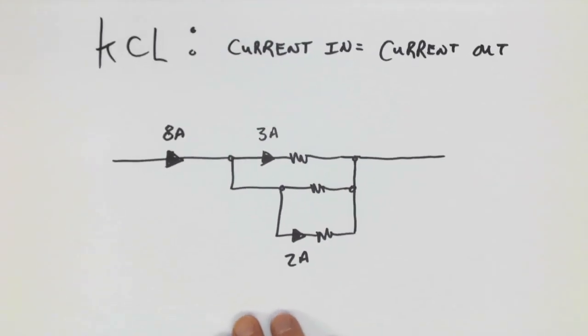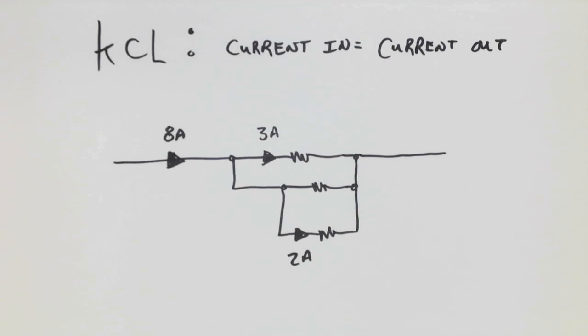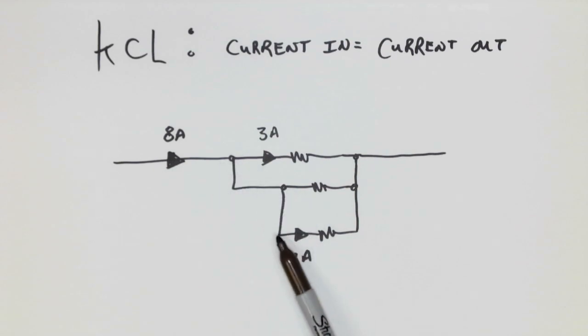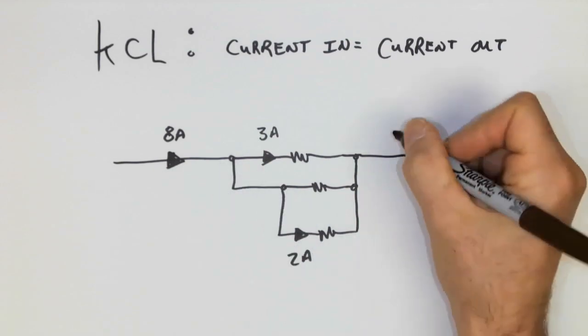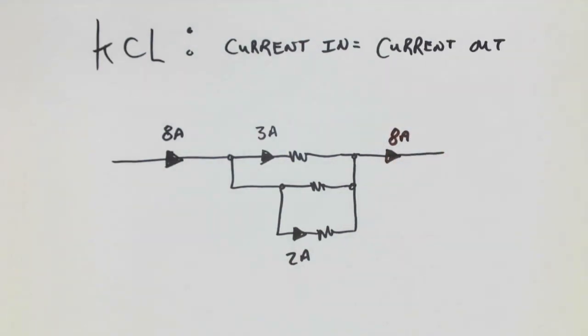If we look at Kirchhoff's current law, it simply means that the current in equals the current out of a circuit. So if we have this one here, 8 amps entering into this whole structure, then we can safely assume that 8 amps must also be leaving.